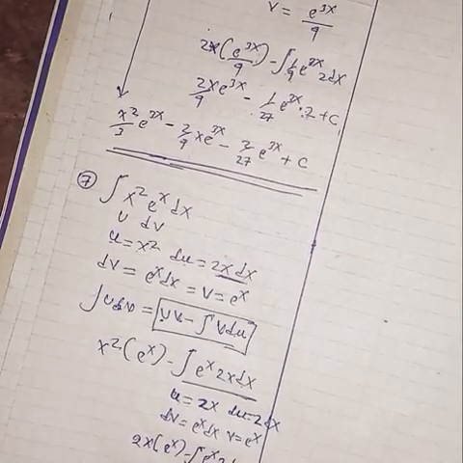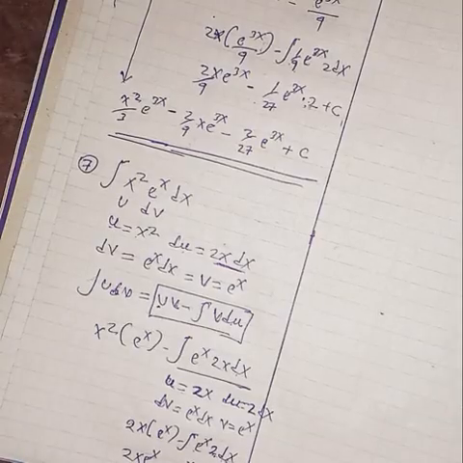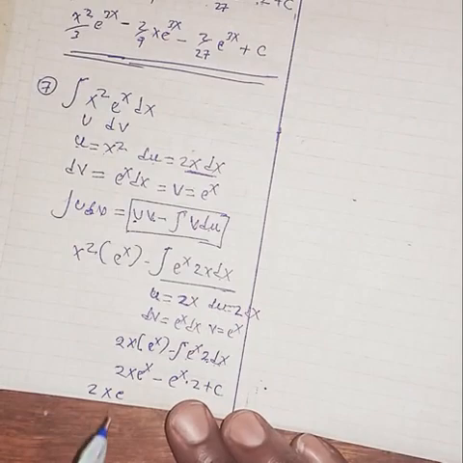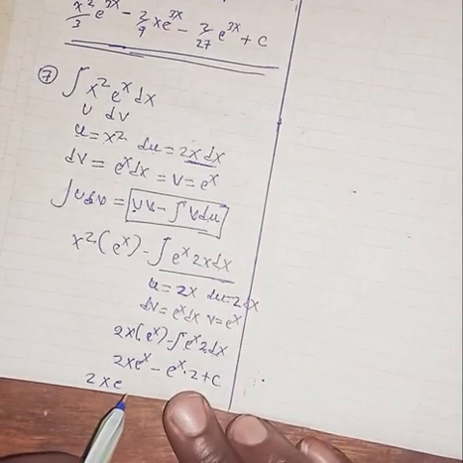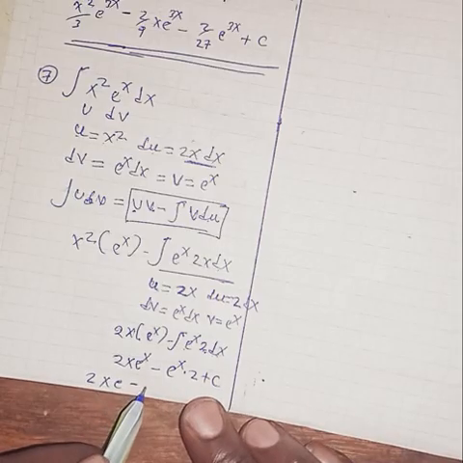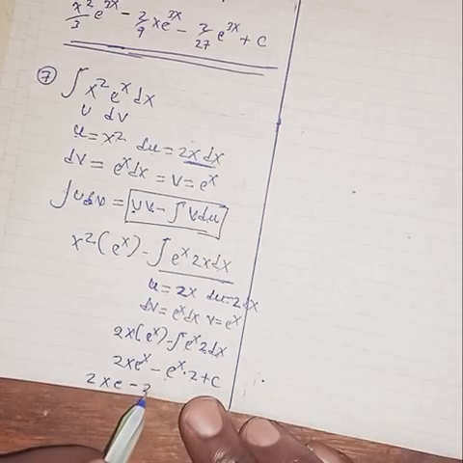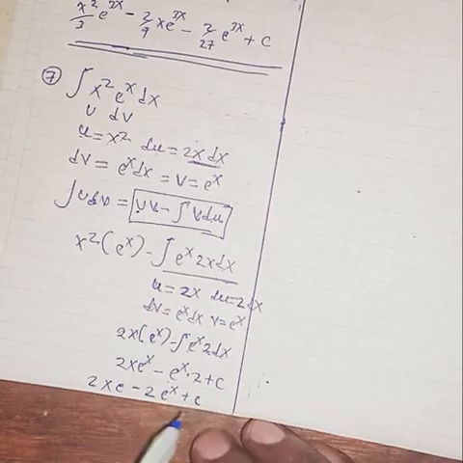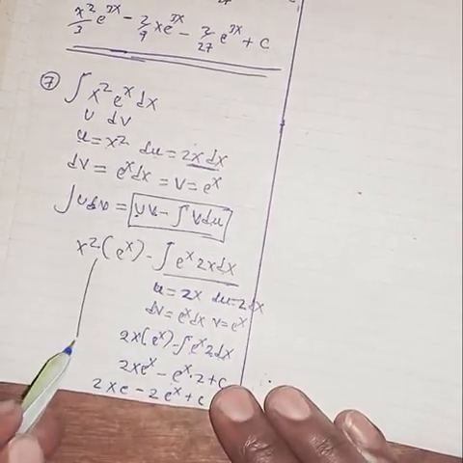It will be 2x e raised to x, minus 2 e raised to x, plus c.